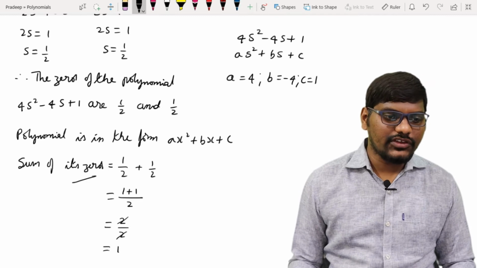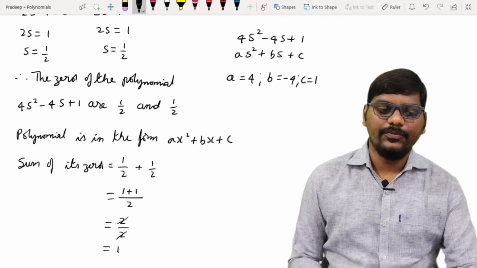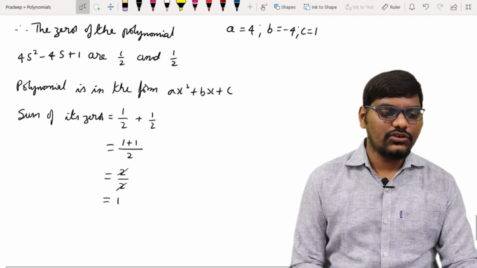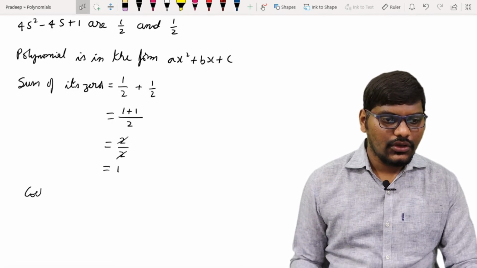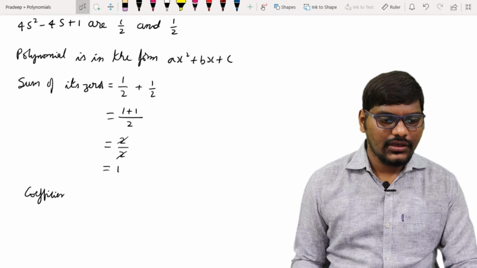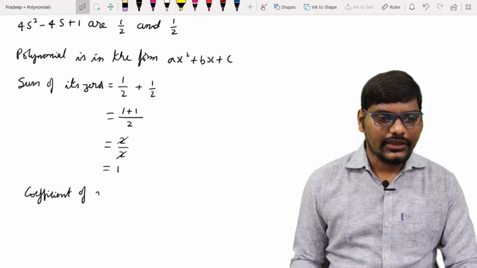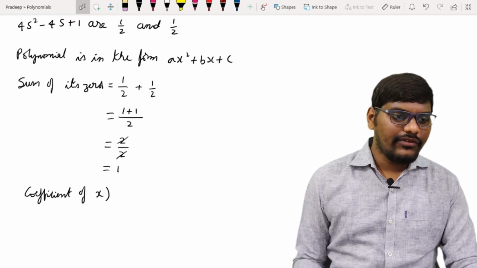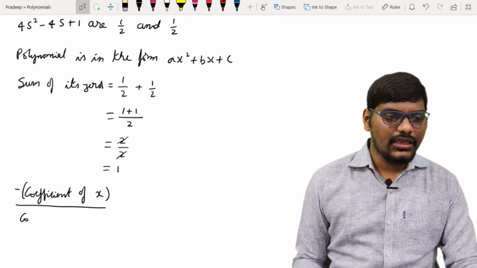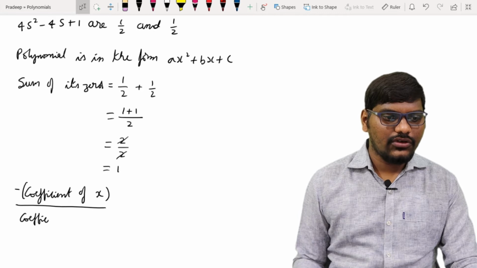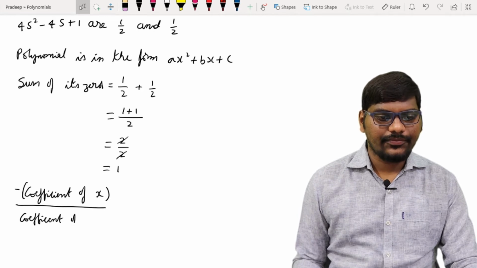We are getting the sum of the zeros as 1. So we'll further do it: I can write it as minus of the coefficient of x by the coefficient of x square.